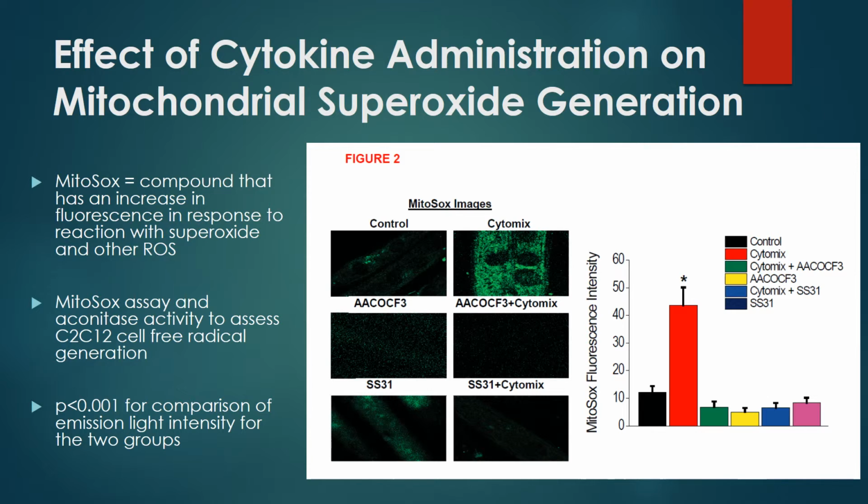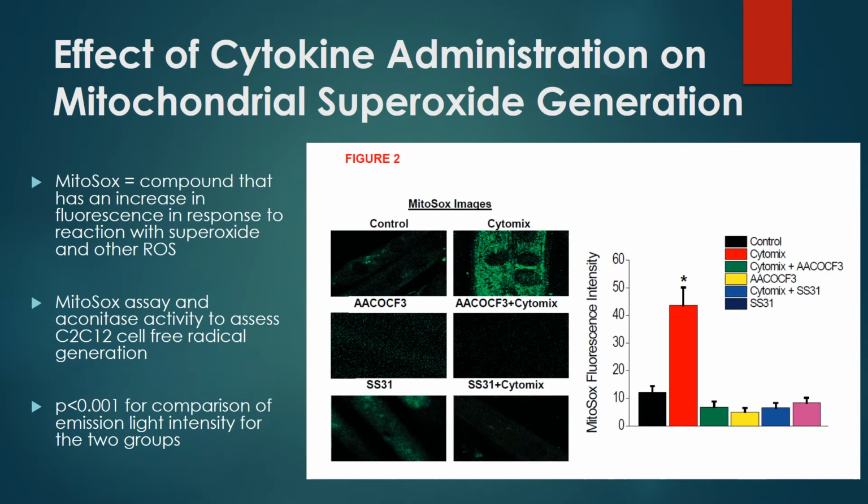So a MitoSOX assay and aconitase activity were used to assess C2C12 cell free radical generation. Treatment with both MitoSOX and cytomix manifested a large increase in fluorescence when compared to control cells treated with saline and MitoSOX.